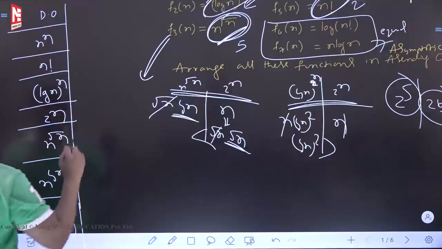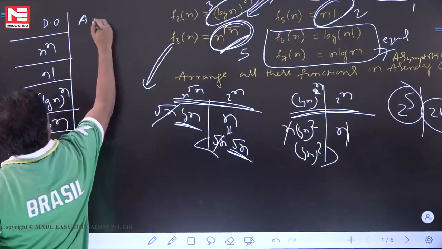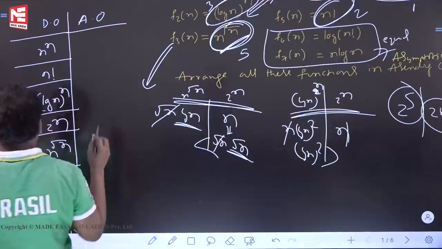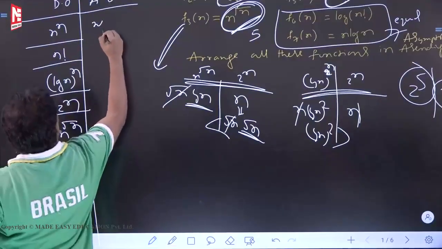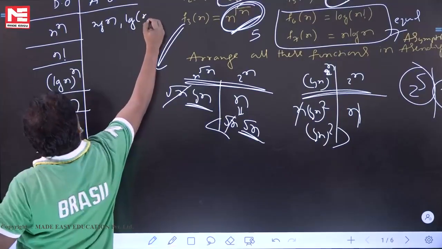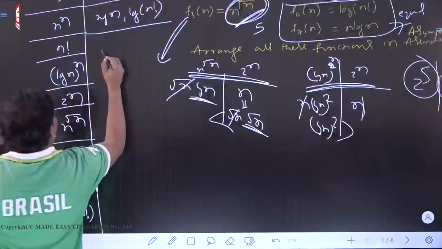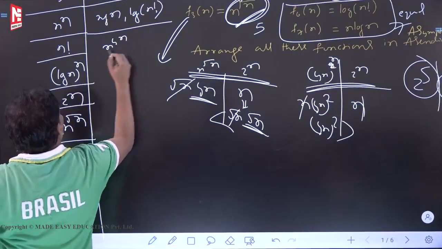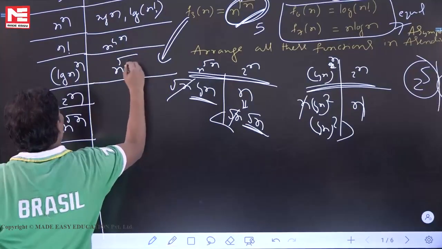If you want ascending order, you can write ascending order. Just reverse it. What is the answer? n log n, log n factorial is number 1. Number 2, n power log n. Number 3, n power root n.